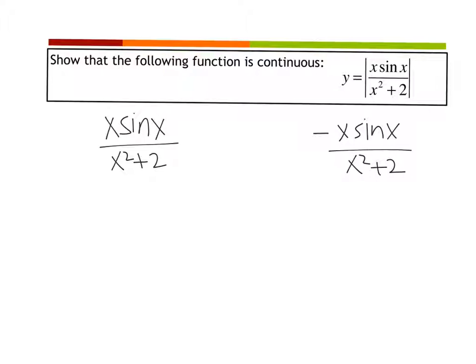So if we graph it, try graphing it. Maybe even try graphing the absolute value part. So graph it looking at the absolute value of x sine x over x squared plus 2.